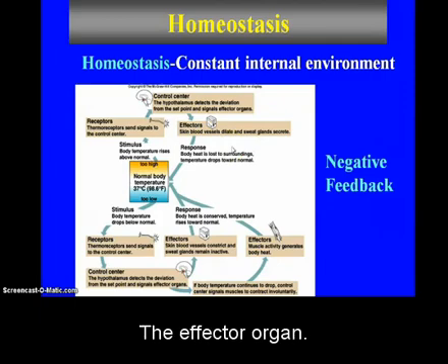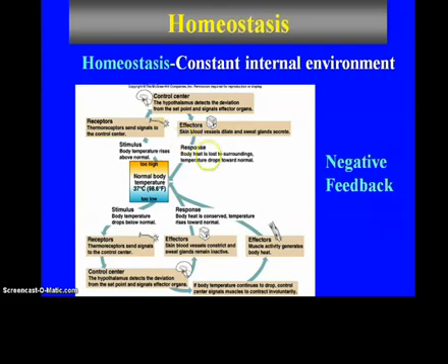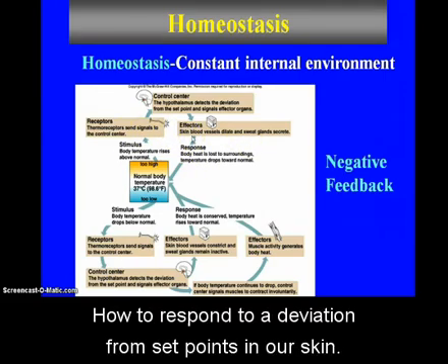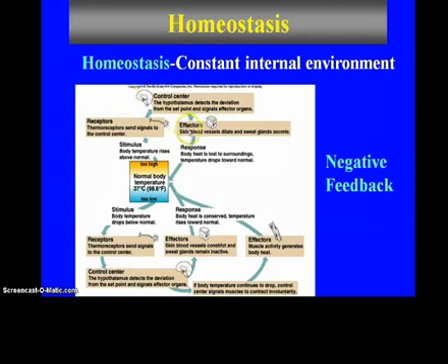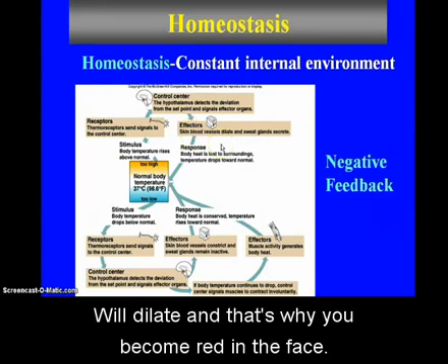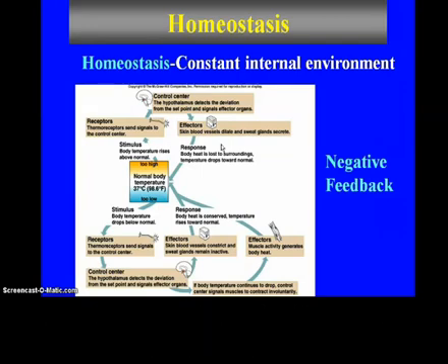The effector organs have a specific job in trying to reestablish that set point or the norm. We have effectors in our skin that respond to a deviation from set point, and the skin blood vessels will dilate, and that's why you become red in the face, and then your sweat glands will secrete and release moisture.